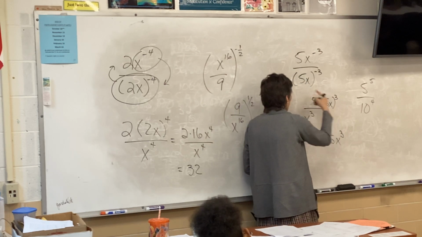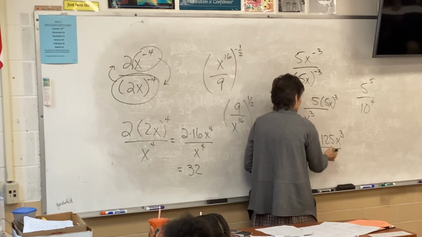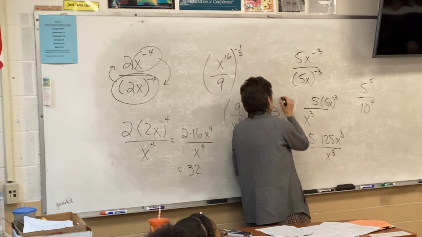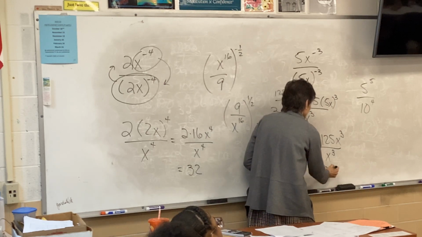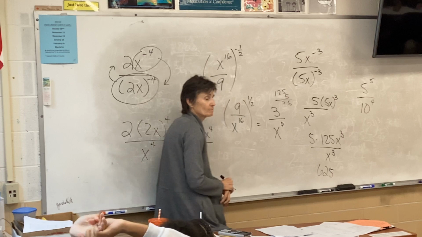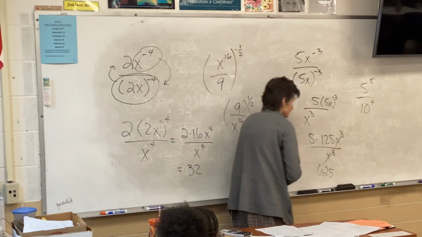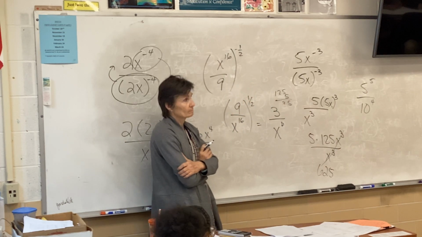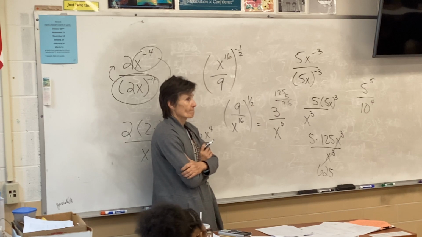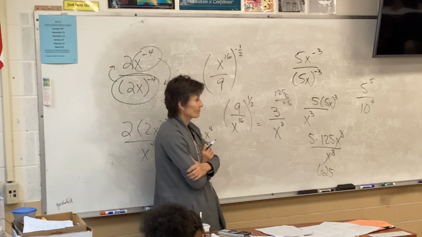Remember, that's a quantity, so 5 cubed and x cubed. So 125 times 5, 625 is my answer, because the x cubes cancel. You okay with that? Kara, you all right with that?